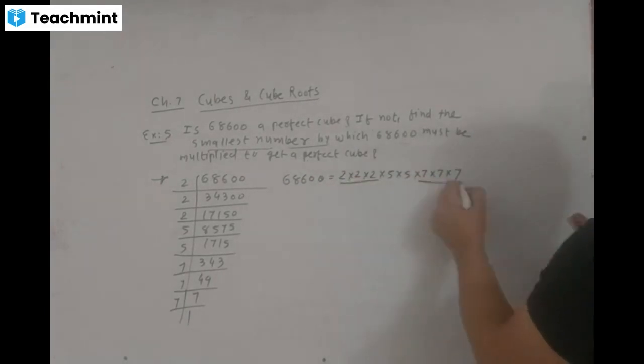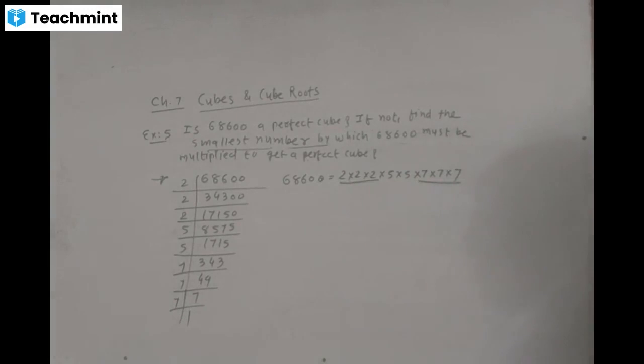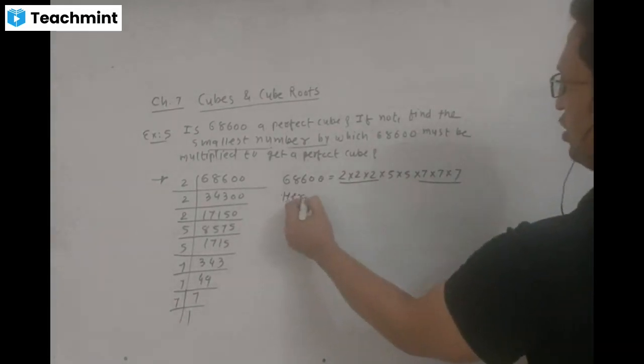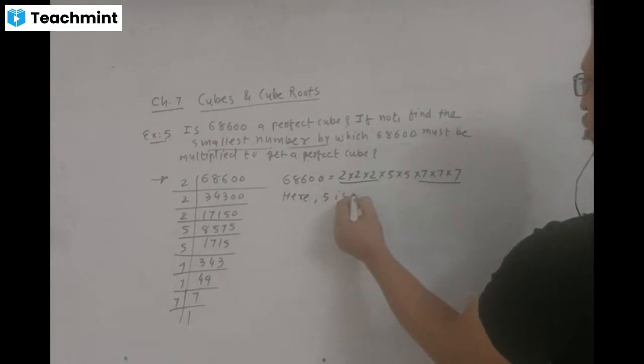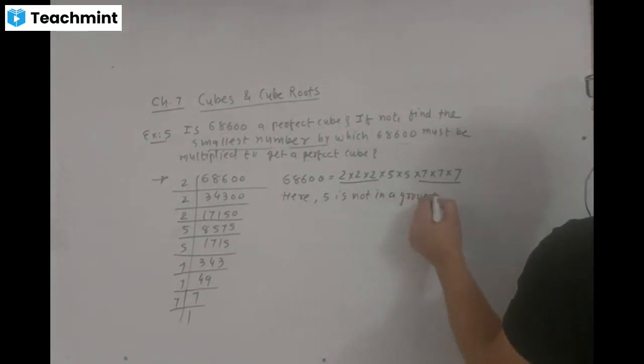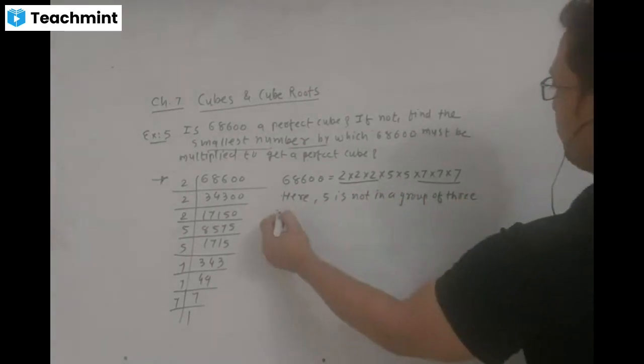Here 2 and 7 are in a group of 3, but 5 is not in a group of 3. Therefore, it is not a perfect cube.